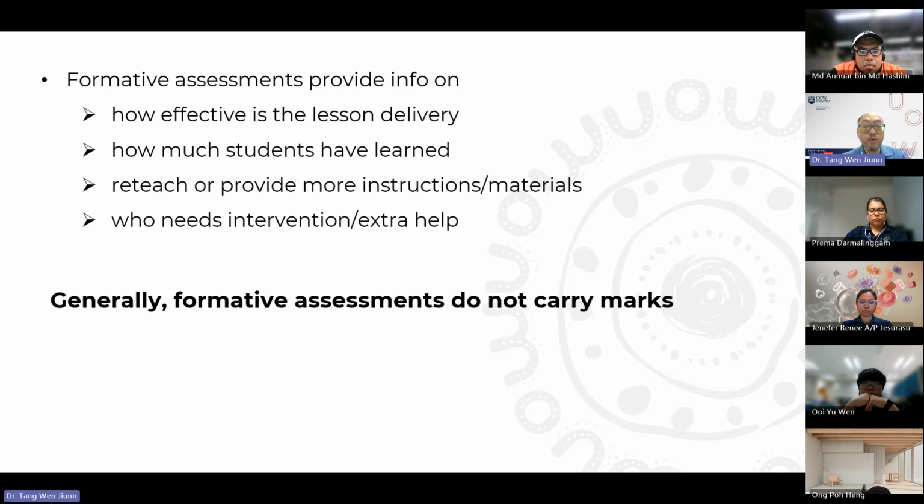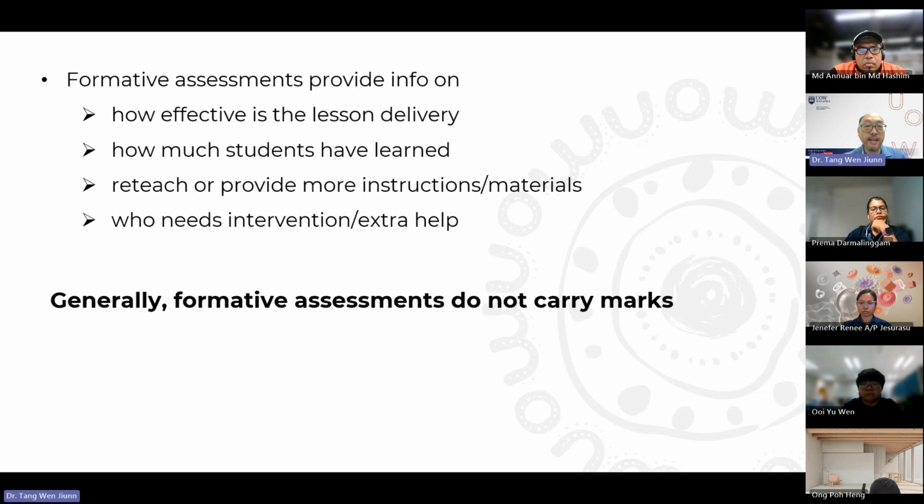Also, if we know some students are struggling when answering homework or things like that, then we have to think about the intervention. Generally, when we say formative assessment, they do not carry any marks. It's more for us to see how well they cope in the class.